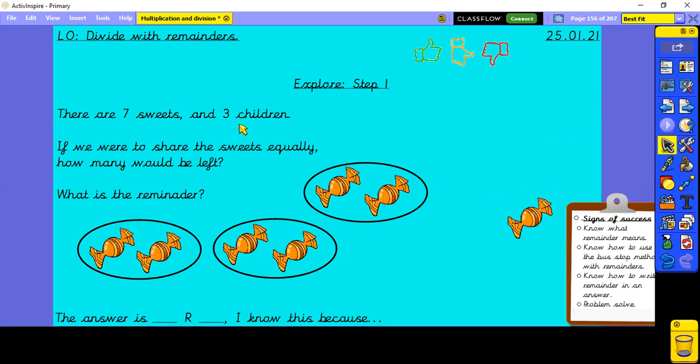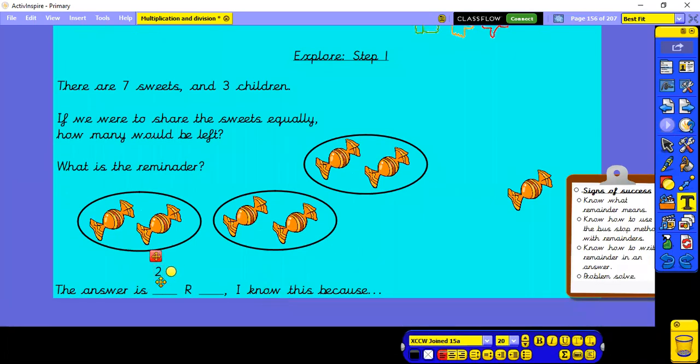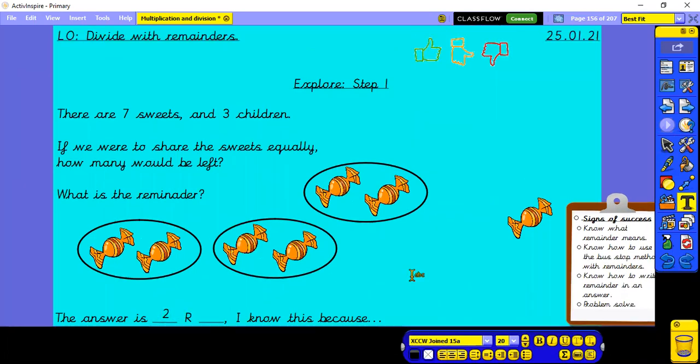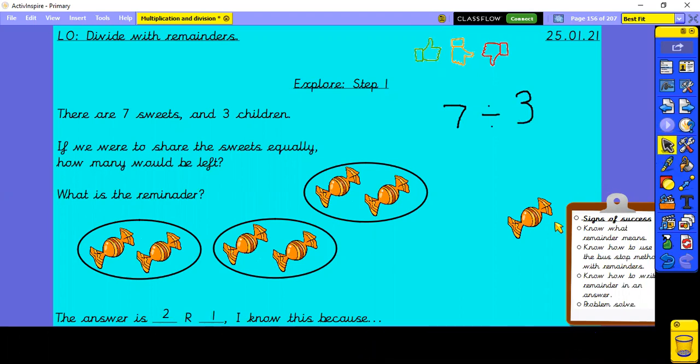So 7 divided by 3 is 2 remainder 1. So I'm just going to write that at the bottom so you can see the calculation we've done. 2 remainder 1. So the division we've done here is 7 divided by 3. Okay, so well done if you thought that's how many we would have left over.